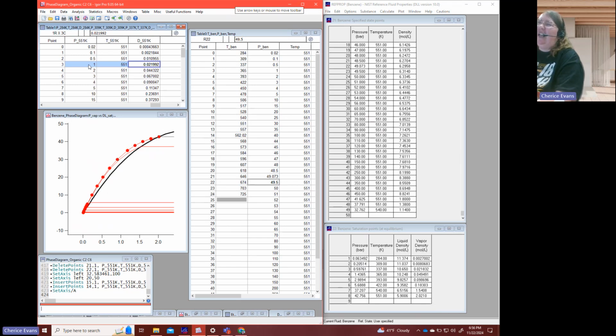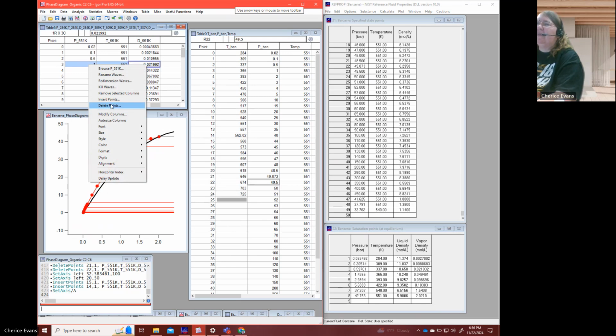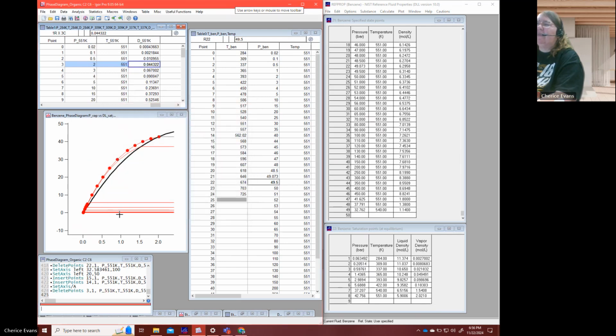I mean, it's kind of nice. It's 1 bar, but it's not that necessary. So that gets rid of a point there. That's about 0.04. So if I get rid of this point, that evenly spaces us there.